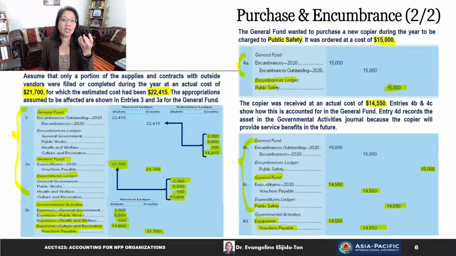So even a non-current asset like equipment, the copier in this case, is considered an expenditure at the fund level. It is considered an asset at the government-wide level because we're using the accrual accounting basis at the government-wide level. Okay, so far so good.